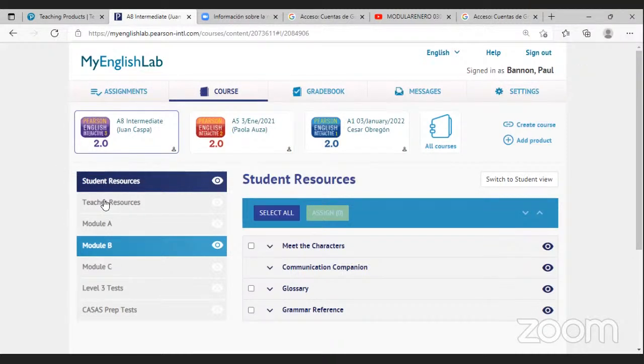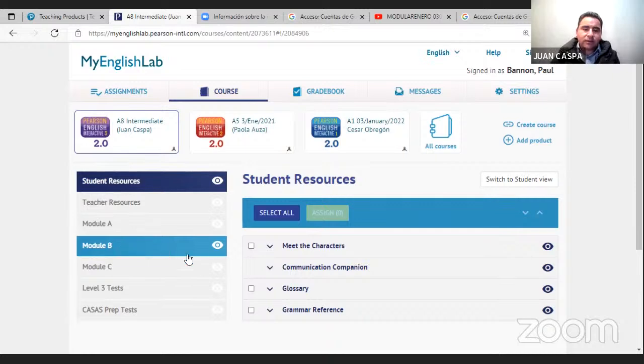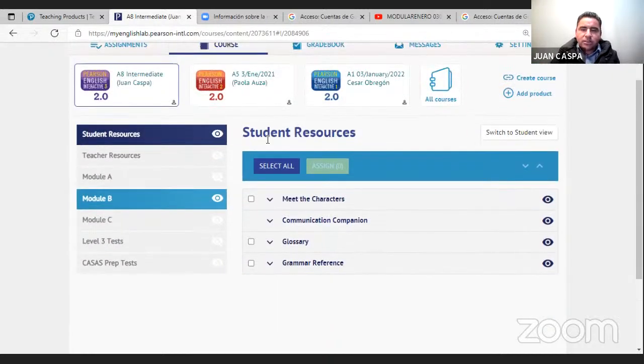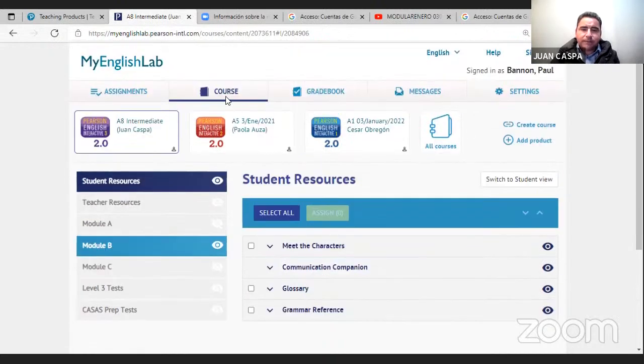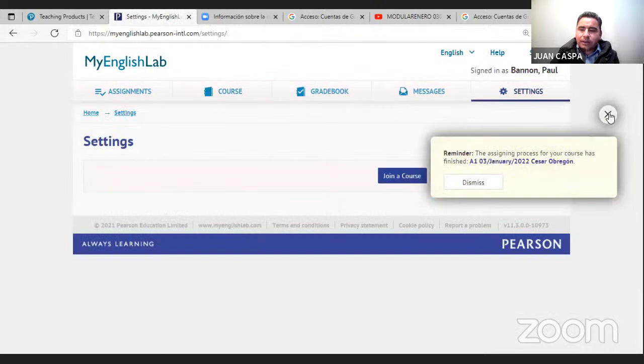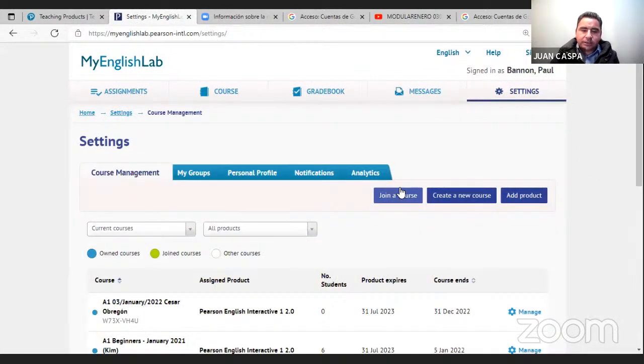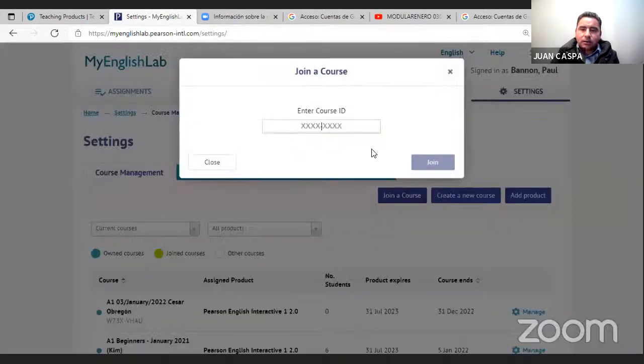Basically, we're going to continue from module B. This is what we're going to work with during this course. So far, you understood, right? The only thing you have to do is look for join in settings, join a course, click it, and you're going to find the code.